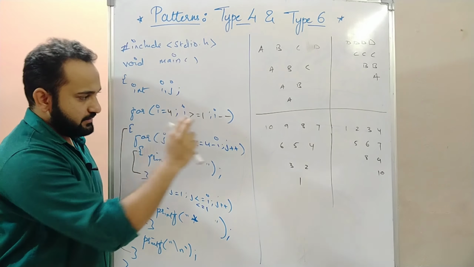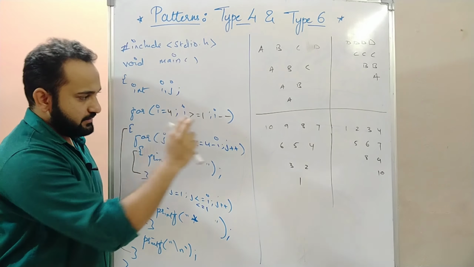But first talk about the pattern. Now you got the alignment of the inverted pyramid. Now what do we have to print? ABCD, ABC, ABA. The value of j we have to print, but it's an alphabet, right? So we need to go with j plus 64, since it's capital A. So simply we write percentage c, space, and print j plus 64.